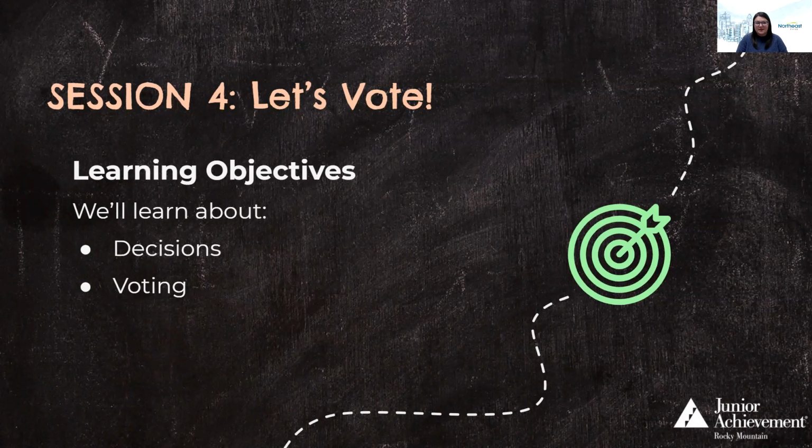I'm going to be talking with you today about session 4, and it's called Let's Vote. We are going to talk about the concept of how taxes pay for services we all use in our communities. Something that I recently paid taxes on was a new dishwasher. I do not like doing dishes by hand, so I definitely needed a new one because my old one stopped working.